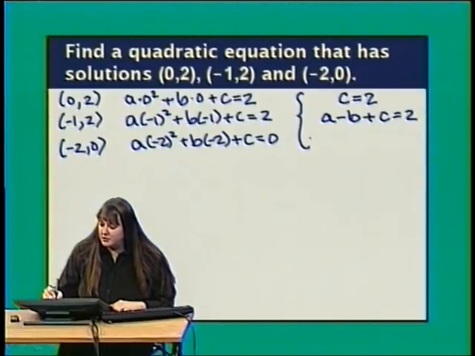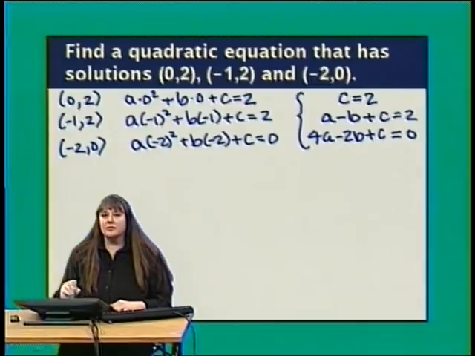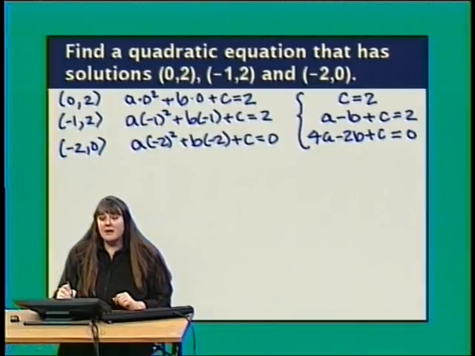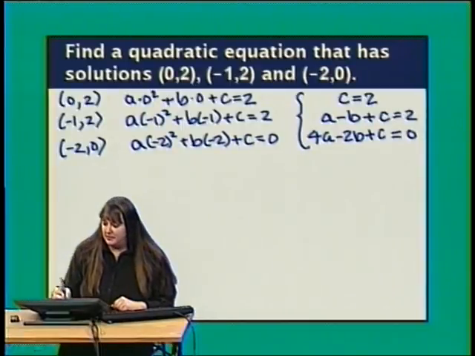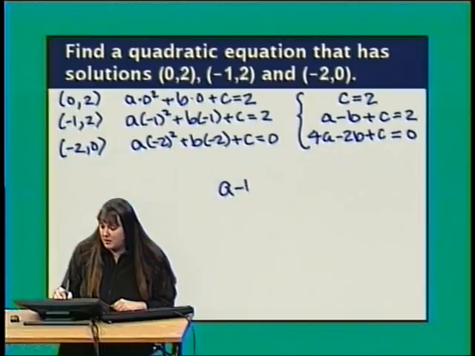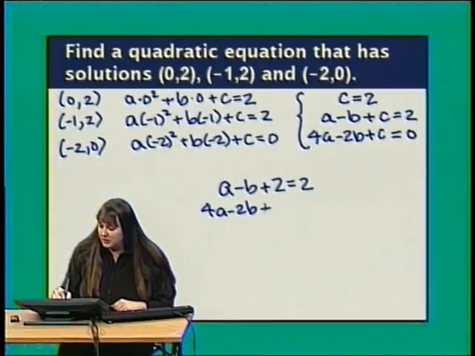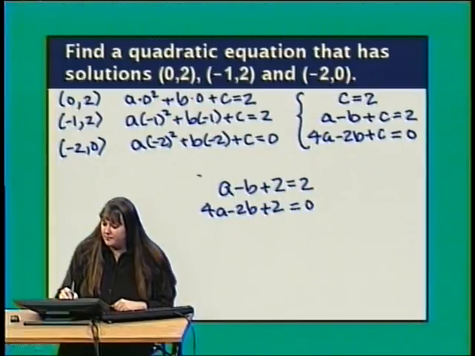And the third equation simplifies to 4a minus 2b plus c equals 0. So again, I have the value of c. I can substitute 2 for c in the second and third equations to simplify this a bit. So a minus b plus 2 equals 2, and 4a minus 2b plus 2 equals 0.